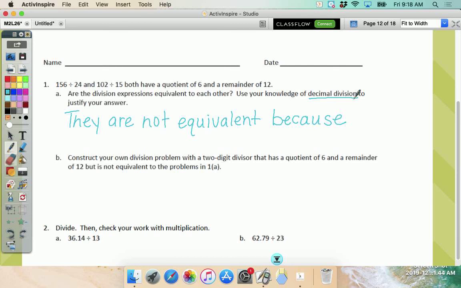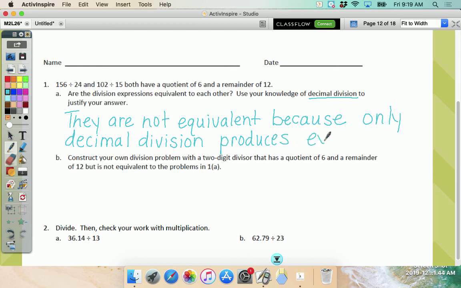They are not equivalent because only decimal division produces, what do you think comes next?